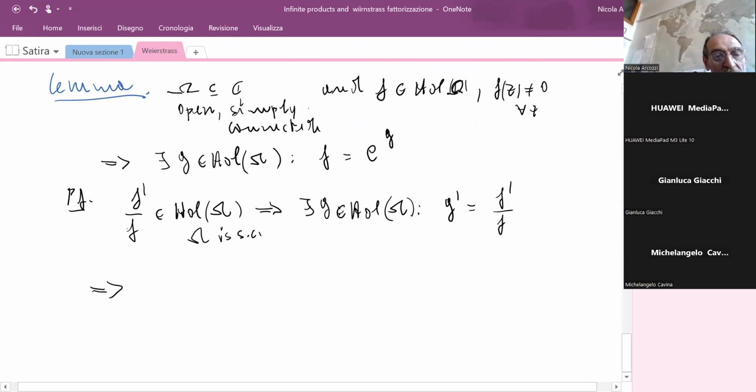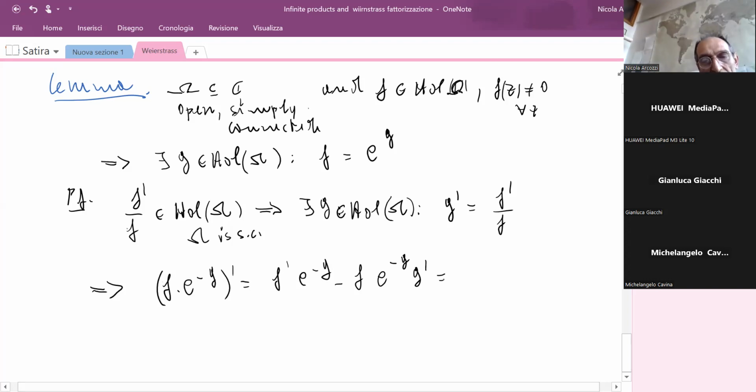But this says that if I consider f times e to the minus g, which I want to be constant, and I take a derivative, that's f prime e to the minus g minus f e to the minus g g prime, and that's 0, right?